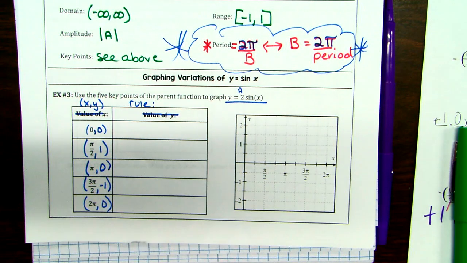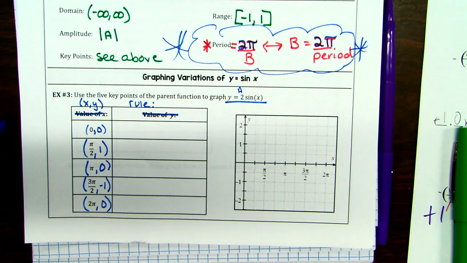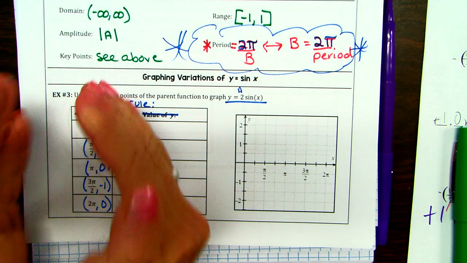Okay. Now, what's going to happen to our graph if there's a 2 out front? So guys, that's a vertical stretch by a factor of 2. When you stretch a graph, does that affect the x or does it affect the y of an ordered pair?